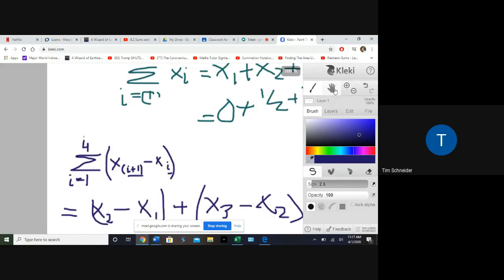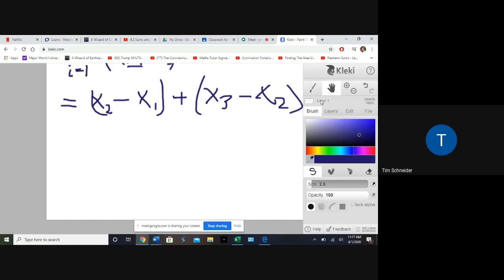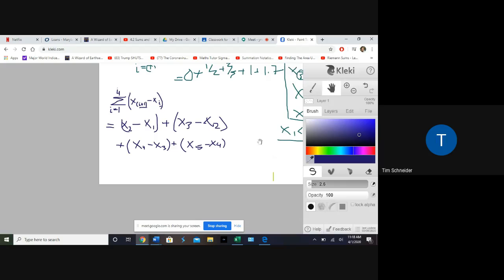When i equals 3, we have, well, we could even write in the actual index here. This is what i is, and then i plus 1 would be 4. And then when i is actually 4, we have x sub 5 minus x sub 4.